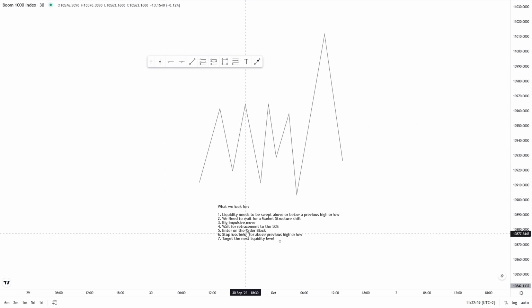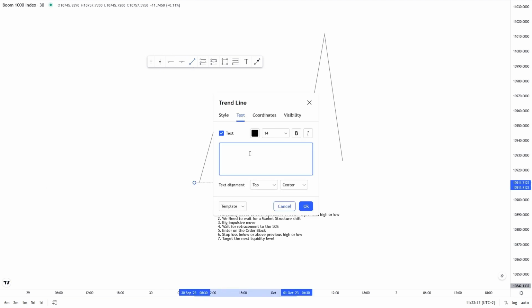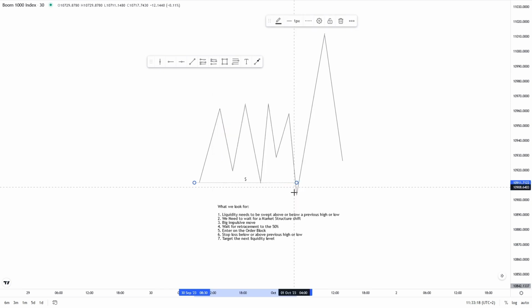The first thing we look for is liquidity needs to be swept above or below a previous high or low. So in this example, if this is our liquidity, it's been swept. Now, the next thing we do, we need to wait for a market structure shift.